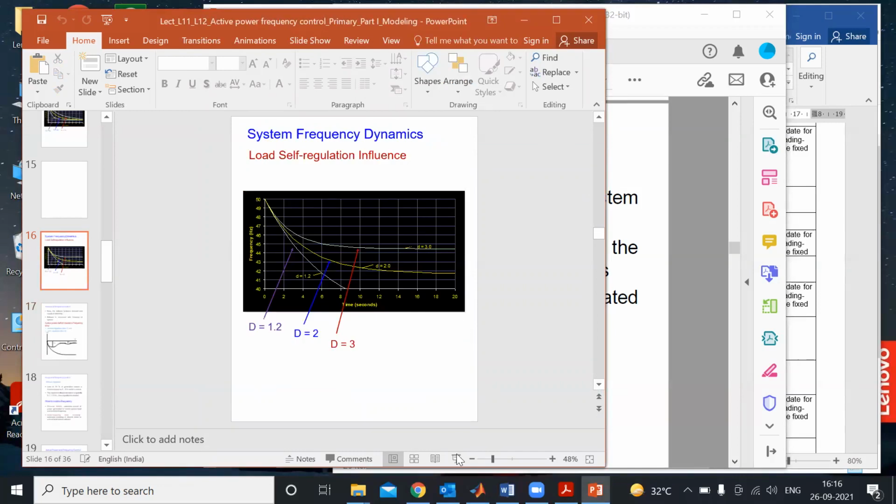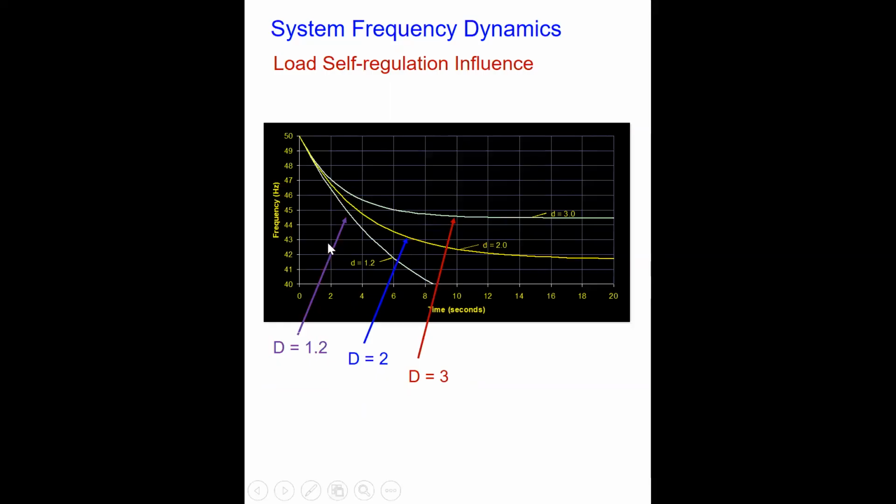As you can see here, we have this frequency profile plotted for different values of the load damping constant. If you have a higher value of D, that means more industrial load, basically from induction motors, so the initial decay in the frequency is smaller.